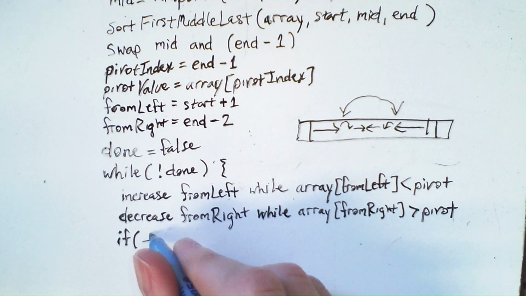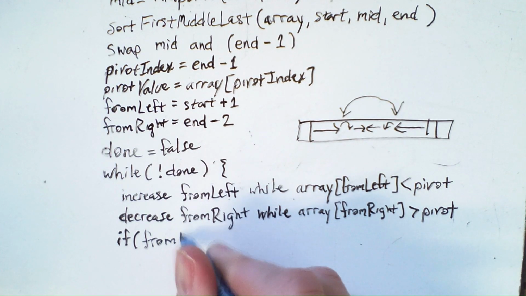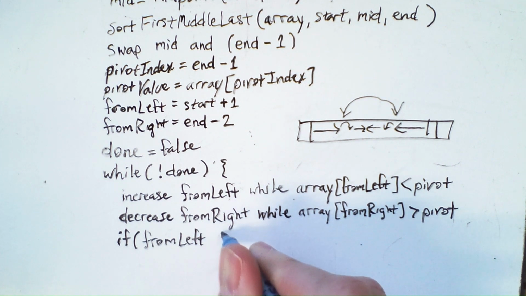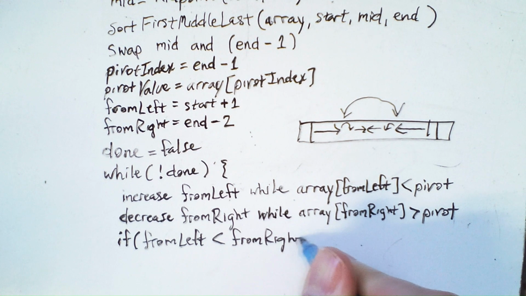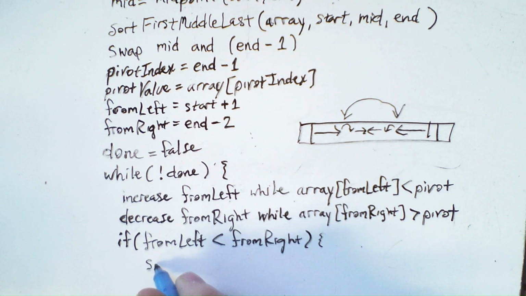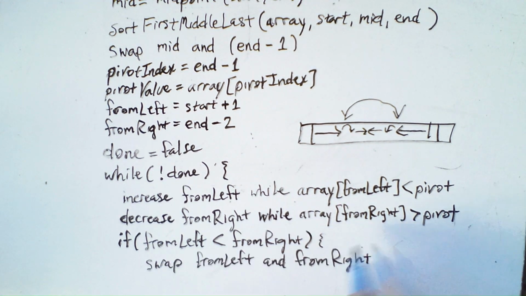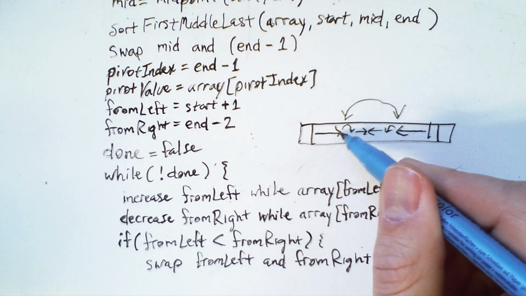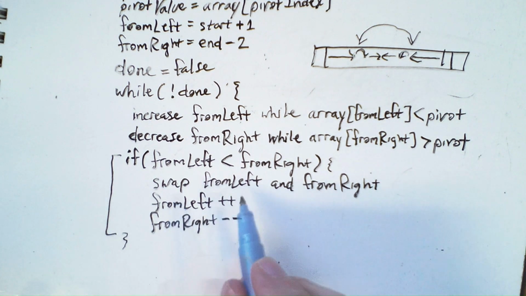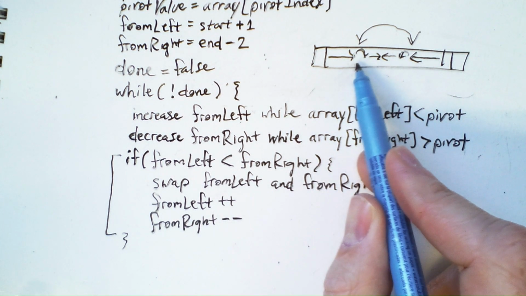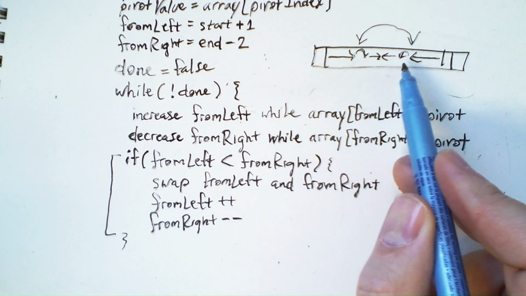So we only do this swap if the index from left is less than the index from right. We will both swap the elements, and this means those positions in the array, but then we'll also increase from left and decrease from right. That's what these little jumps there represent. So that's what we do if the from left and the from right haven't crossed yet.